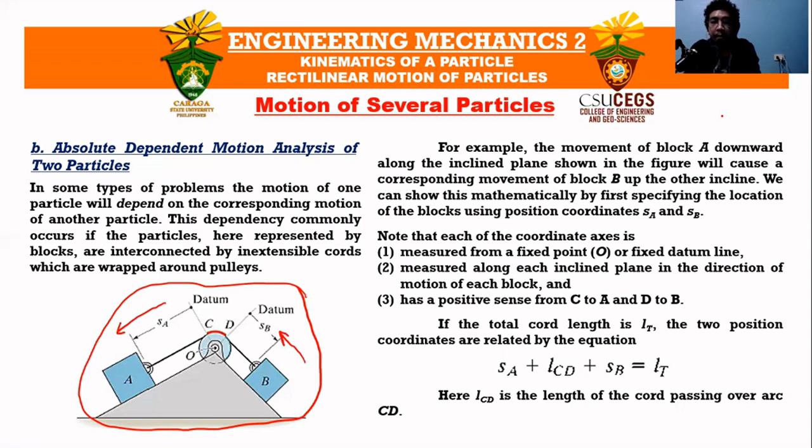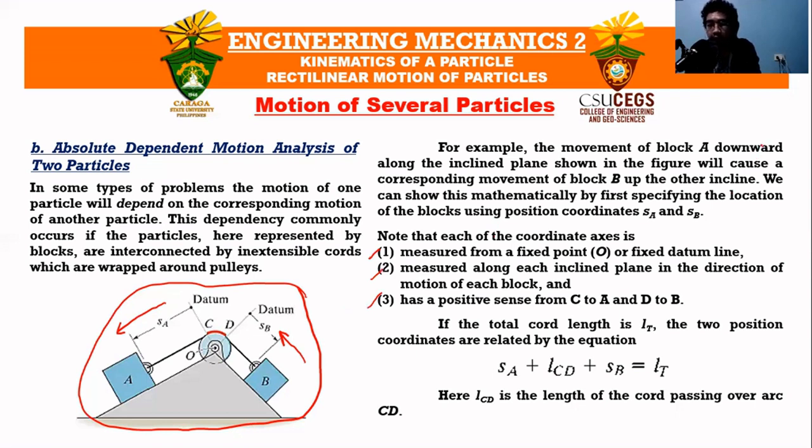We can show this mathematically by first specifying the location of the blocks using position coordinates SA and SB. Each coordinate axis is, first, measured from a fixed point or fixed datum line, second, measured along each inclined plane in the direction of motion of each block, and third, has a positive sense from C to A and D to B.